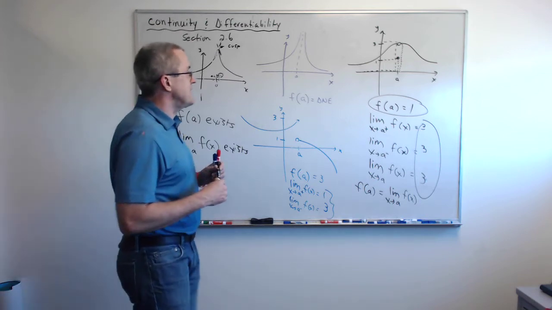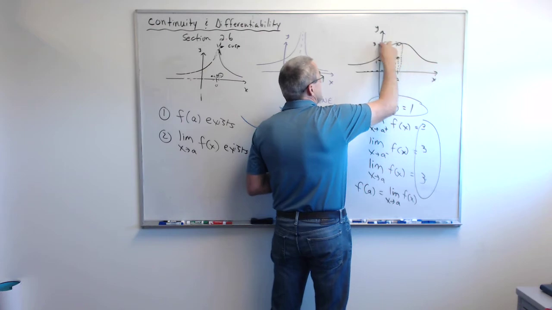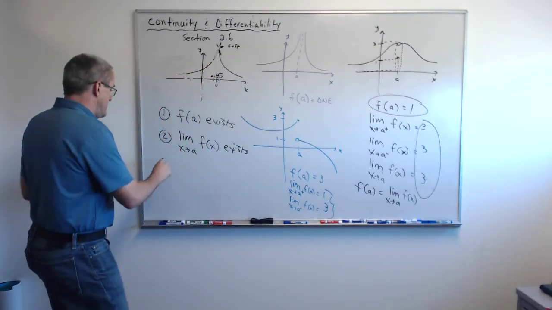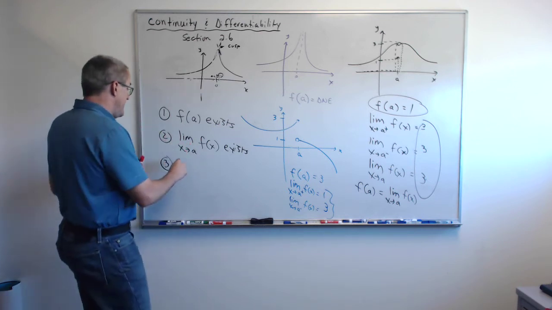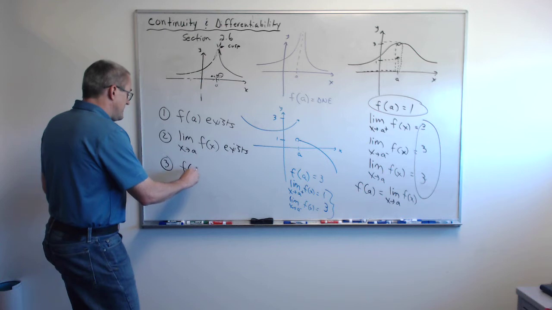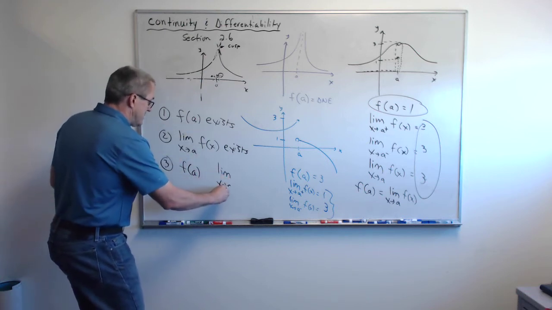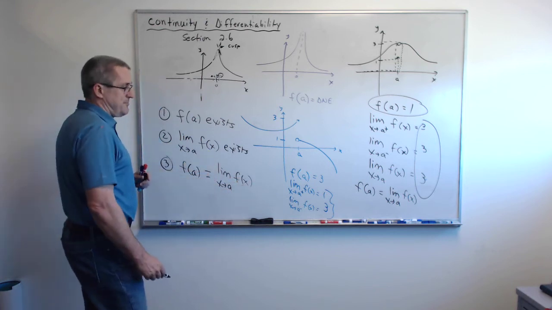And then finally, the third thing is this. Maybe the function exists at x equals a, maybe the limit exists as x approaches a, but the function is still discontinuous. And the third and final situation you could see is this. Not only does the function at a have to exist, not only does the limit as x approaches a have to exist, but those two things have to be the same.